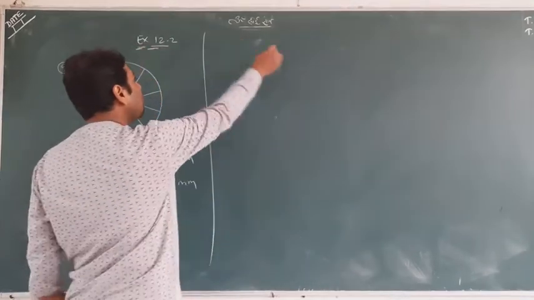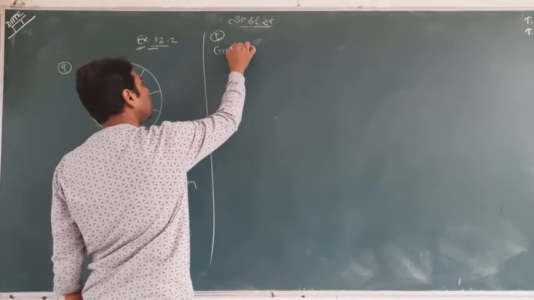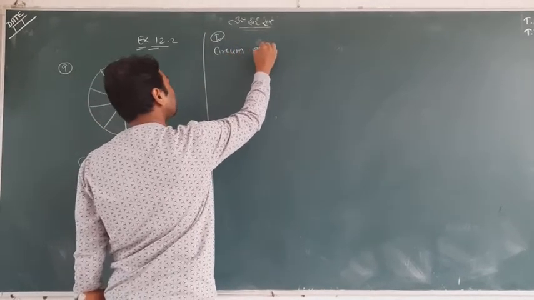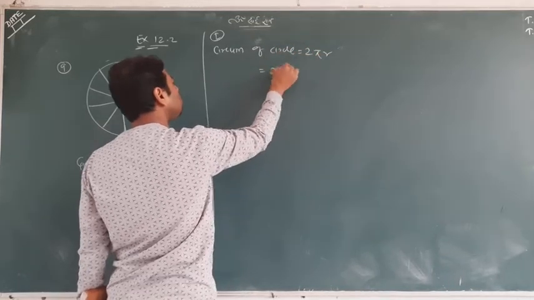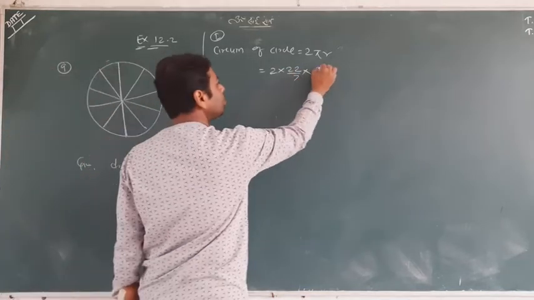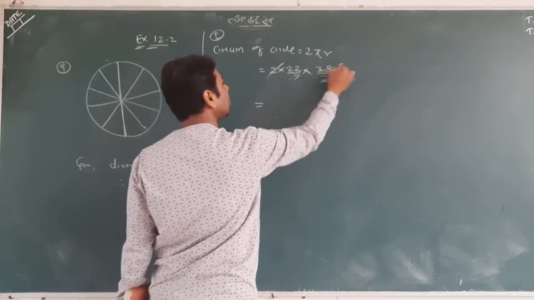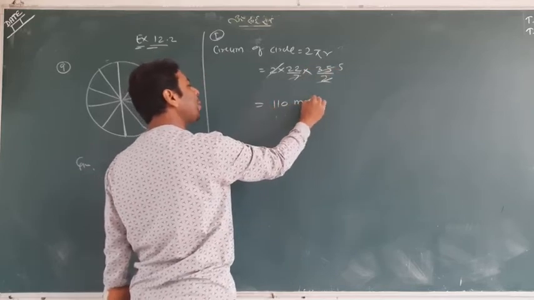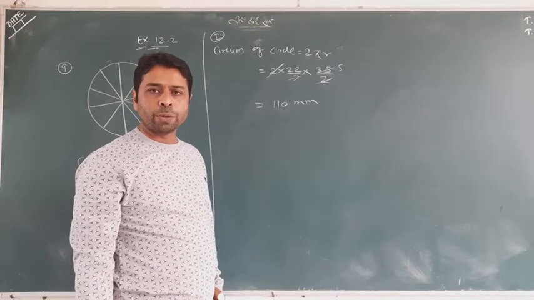Okay, first for the first question I'll find the circumference of the circle. 2 pi r, 2 into 22 by 7 into radius 35 by 2. 2 and 2 cancel, 7 fives are 35, and it is 110 mm. This is the simple thing, the circumference we found.